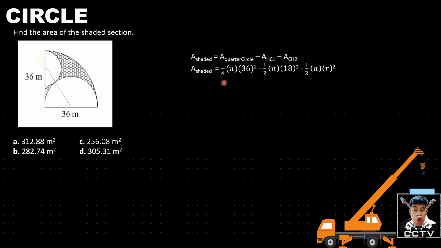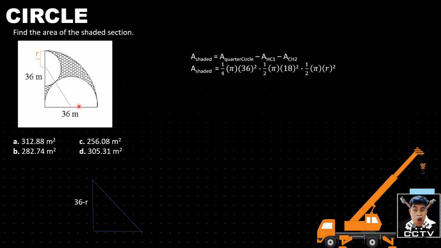This is our formula. The quarter circle has a radius of 36 meters. And of course, our half circle also has a radius of 18, half of this. And here, we don't know, so let's call it R. Let's take a figure of this right triangle.